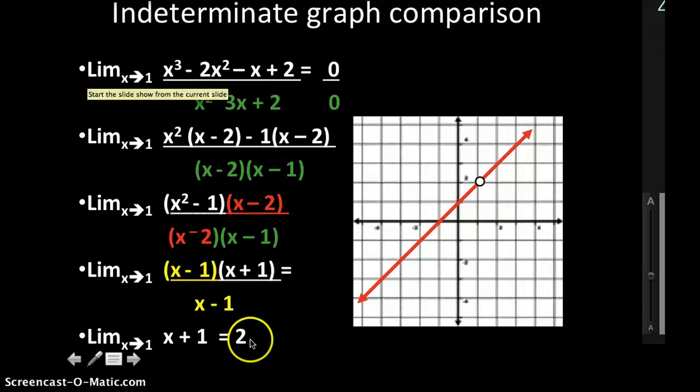Okay, we got that moved out of the way. So this turns into x plus 1 equals 2, which is the same as we had a while ago. Now you'll notice here, because we canceled x minus 1, which actually was a part of the original denominator, even though it canceled, we put in that place a hole in the graph.